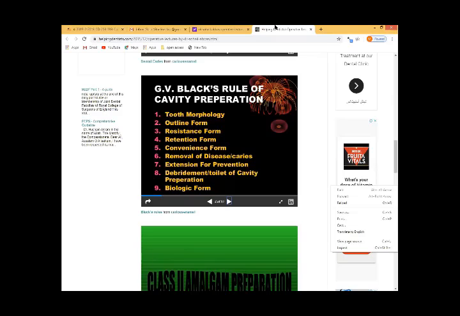When I say we are making only a class 2 cavity, I mean the disease is only on the proximal surface, and the occlusal surface is not involved. If we cut a part of a fissure on any area of the occlusal surface, we cannot carve it and cannot make a good joint between the tooth structure and the material.